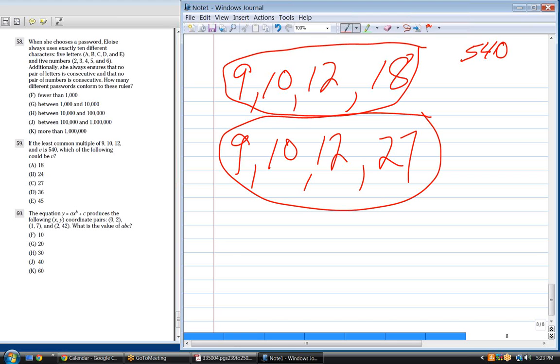In fact, it has to be a multiple of 90. Also has to be a multiple of 120, and a multiple of 108. Doesn't it have to be all of those things?